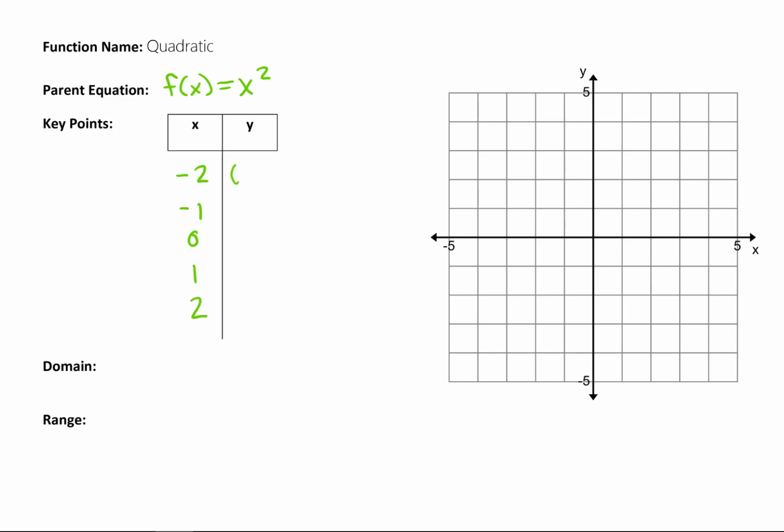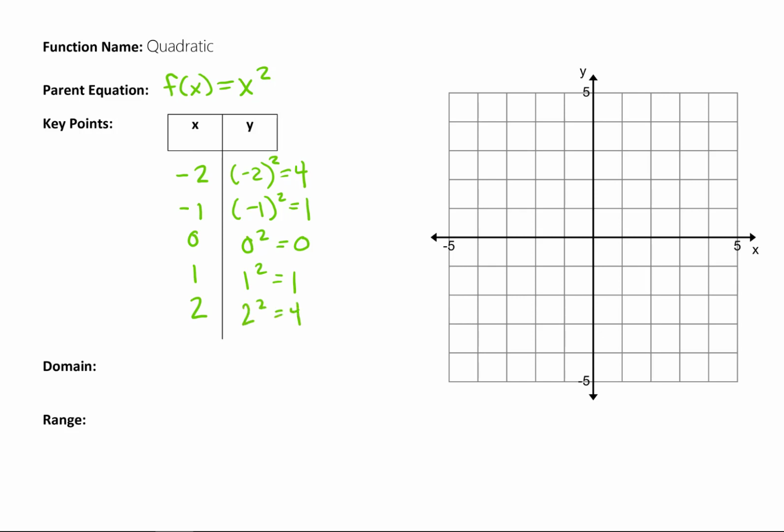If we plug -2 into the equation and square it, it becomes +4. We do the same thing for every x value, and we get the coordinates (-2, 4), (-1, 1), (0, 0), (1, 1), (2, 4).